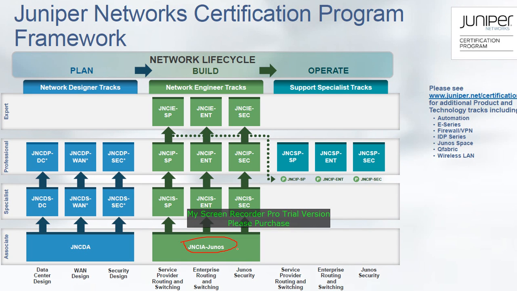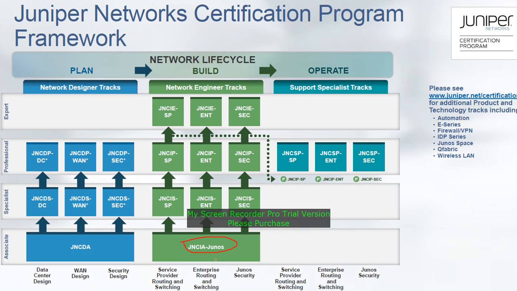The JNCIA Junos will basically cover Junos architecture, Junos operating system fundamentals, Juniper interface configurations, and basic initial configurations, meaning how we can configure in Juniper and what the hierarchy method is. Some routing and switching parts are also covered in this JNCIA Junos.